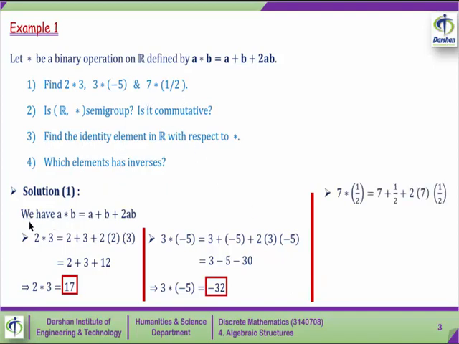By definition A star B is A plus B plus 2AB. So 7 star 1 by 2 is 7 plus 1 by 2 plus 2 times 7 into 1 by 2, which is 7 plus 1 by 2 plus 7, which is 14 plus 1 by 2. So 7 star 1 by 2 is 29 by 2.